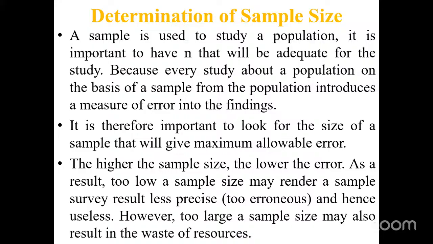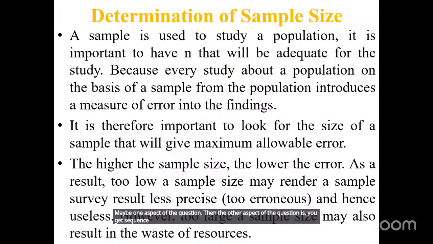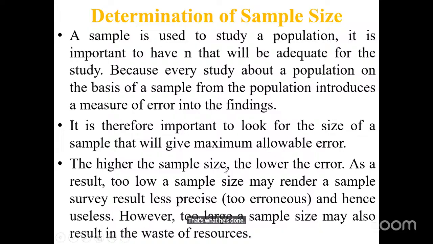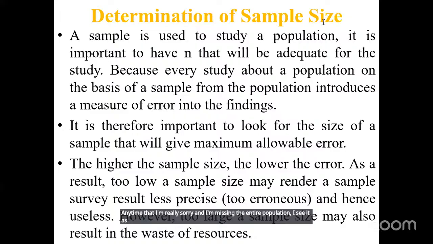Maybe that is one aspect of the question. Then the other aspect of the question is that you get the place and you hope to use the entire population for a study. Sometimes it is possible, but anytime I'm doing a study and using the entire population, I see it as enumeration.